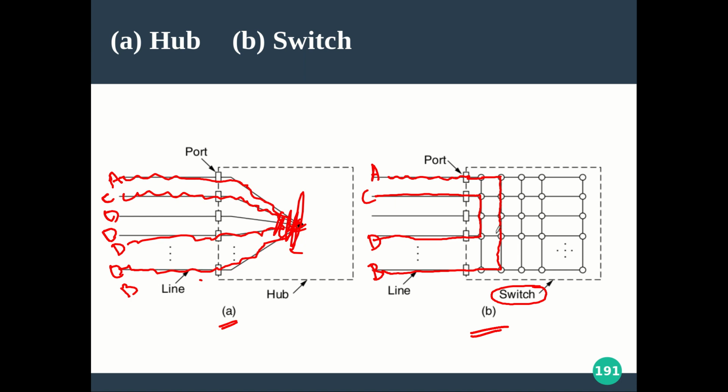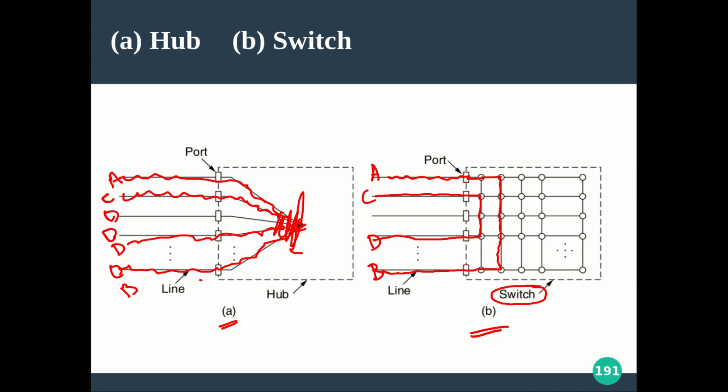Now both are happening simultaneously at the same time, and the communication between A and B is not going to affect the communication between C and D. How this switching is happening, when we move on to switching technology in detail, you will understand. This is a very simple way I have shown you, but you can do it in a more intelligent way, so that many communications are possible in parallel at the same time without disturbing the others.